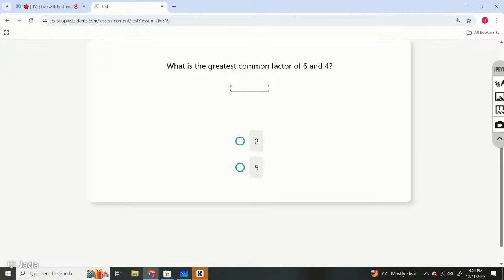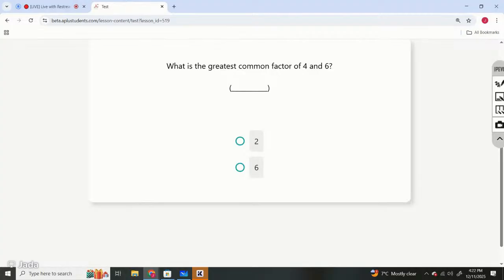What is the greatest common factor of 6 and 4, which is the correct option? Very good. So the greatest common factor is 2.